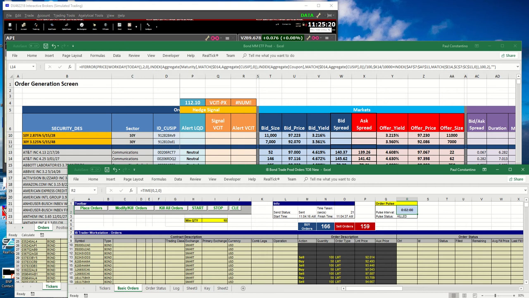As we know in the fixed income markets, real time is not necessarily in nanoseconds or in milliseconds. Really, it's in minutes. And so this system, operated off of a single desktop, is able to send literally thousands of orders to the market every minute.